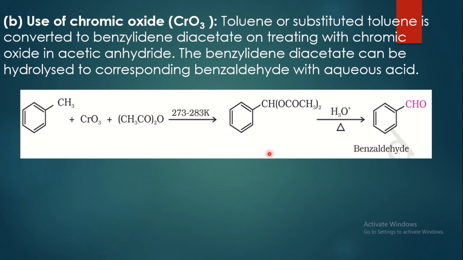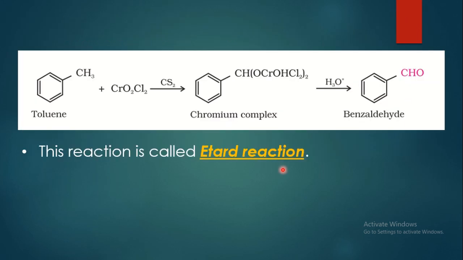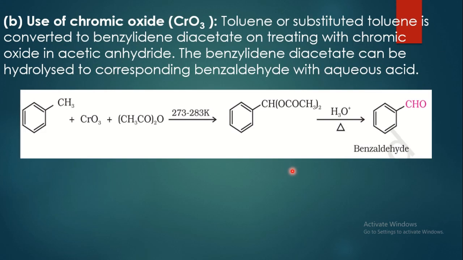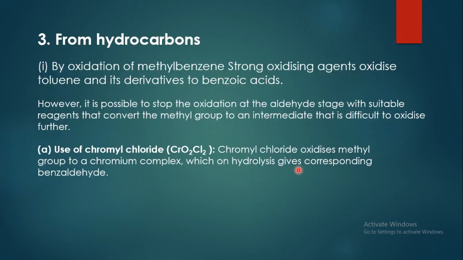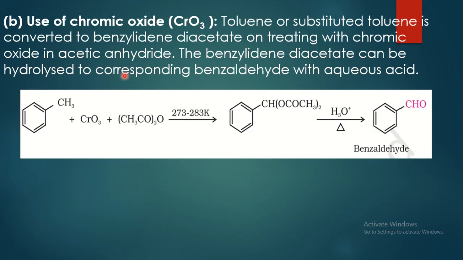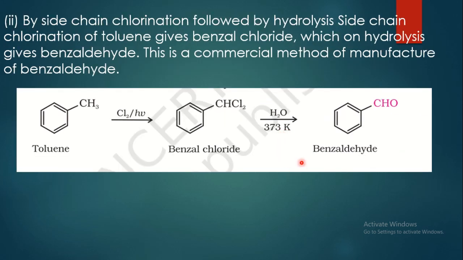Don't understand? One more time telling you. What we understood through the Etard reaction, the same thing is going to be copy-paste. Nothing else. But that time you understood through chromyl chloride, and this time you are going to understand through chromic oxide. Nothing else. So by this you can easily prepare your desired aldehydes.